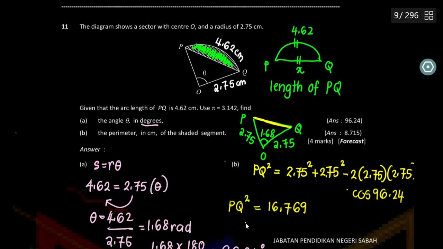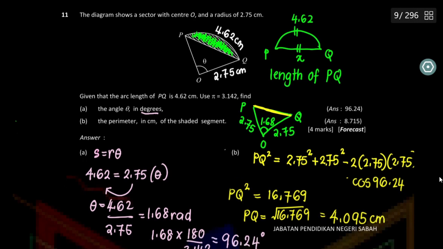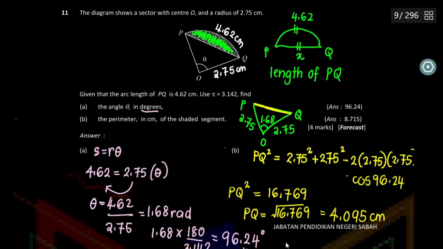Then from here I want to find the PQ, so it becomes square root of 16.769. Square root of the answer is 4.095 centimeter.